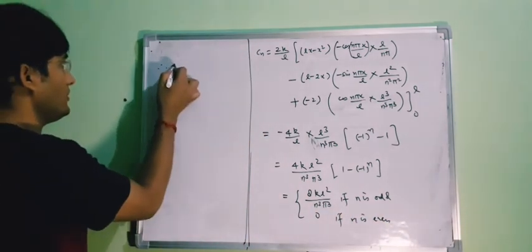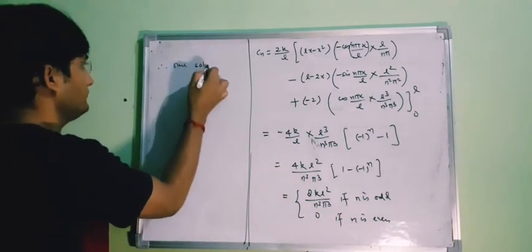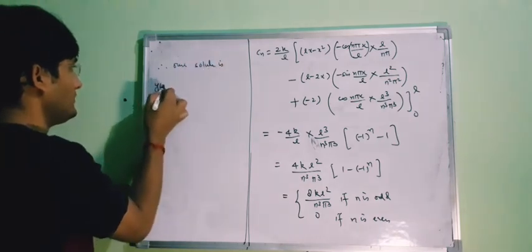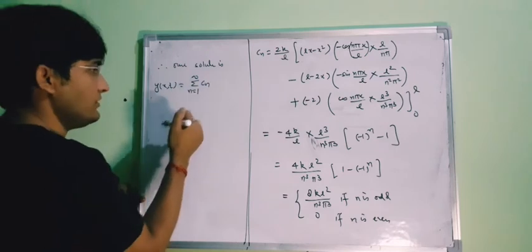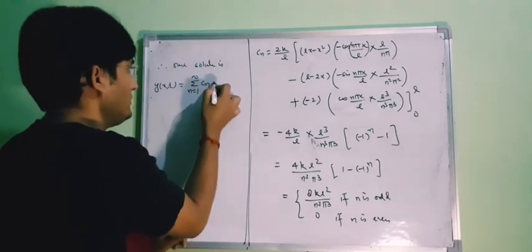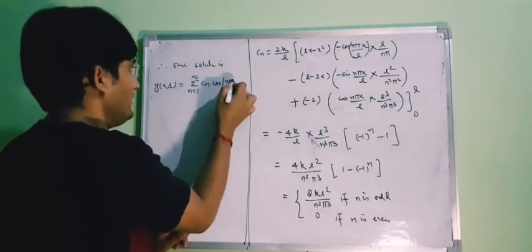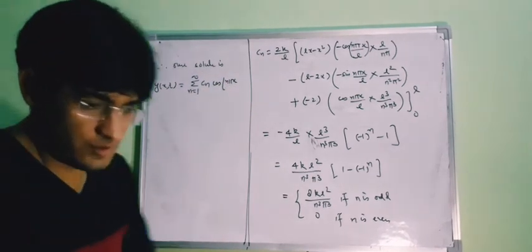So our solution is y(x,t) equal to the sum from n equal to 1 to infinity of Cn.